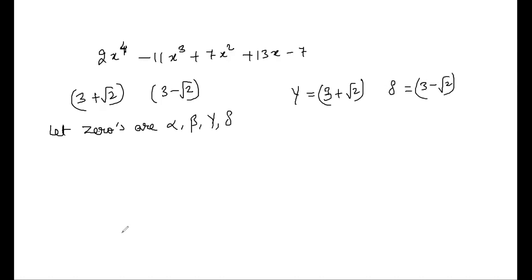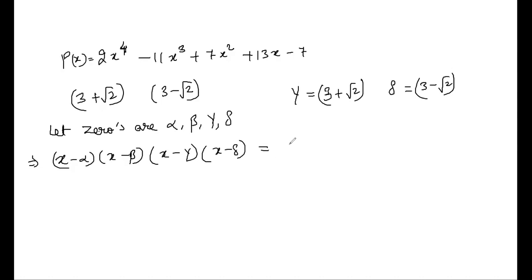Now how to proceed in this problem? So we will consider again x minus alpha, into x minus beta, into x minus gamma, x minus delta, and suppose this is equal to px.